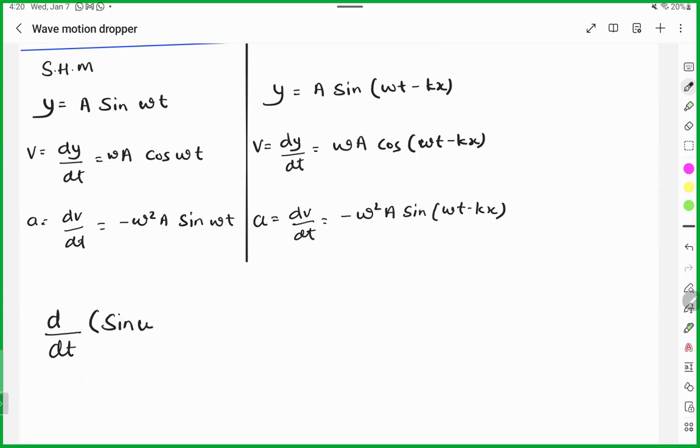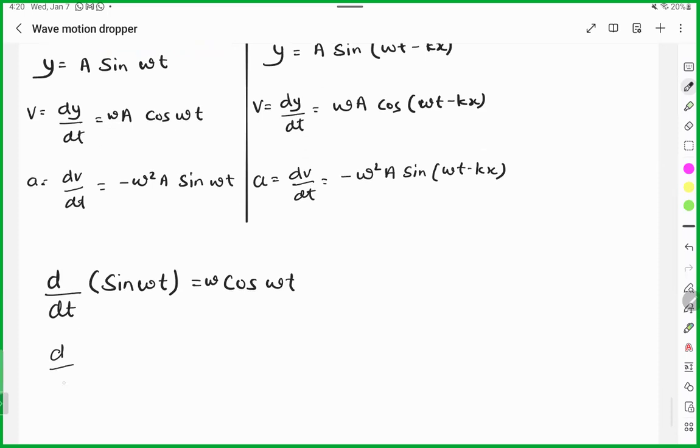Differentiation of sine is cos omega t. Omega will be outside. But differentiation of cos will be minus sine.